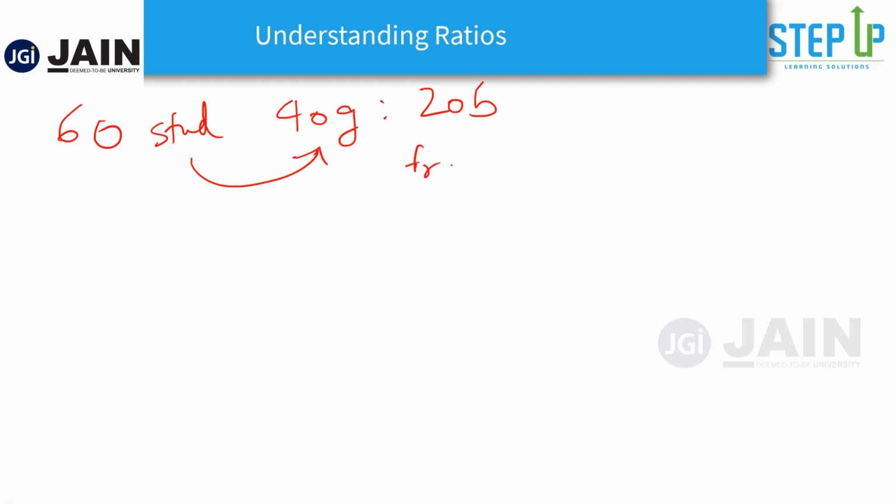That means fraction is the relationship of part to whole. So if I ask what is the number of boys in the class, you can say 20 by 60. Whereas ratio represents the relationship between part to part. That means if I ask what is the ratio of boys to girls, it will be 20 by 40.